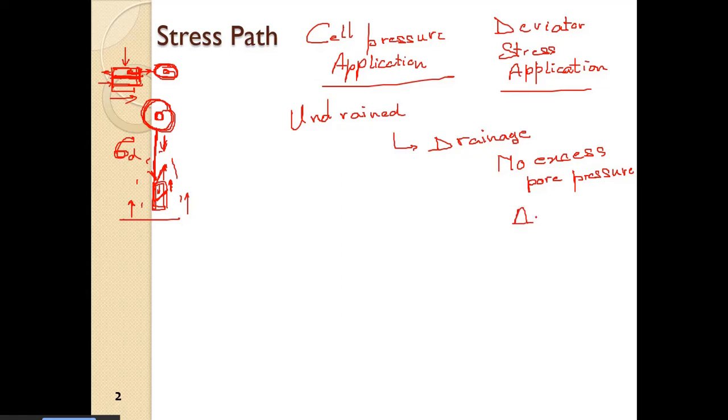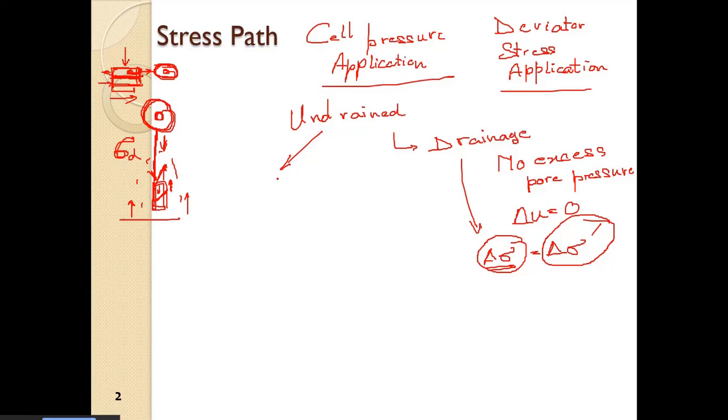So delta U is equal to 0. So in that case, whatever load we apply, in the drainage case, delta sigma is equal to delta sigma dash. So the incremental stress, whatever we apply onto the sample, is ultimately transferred to the effective stress within the sample.